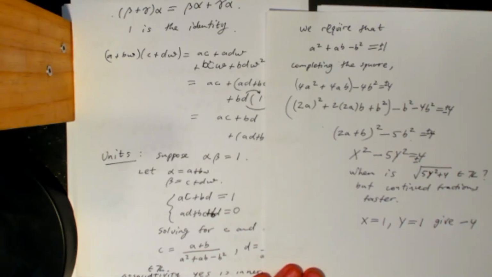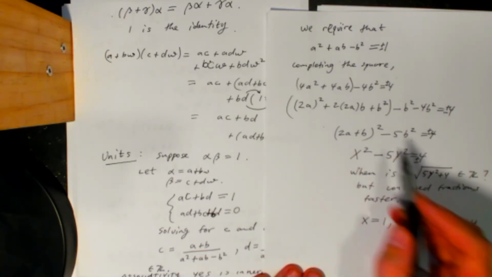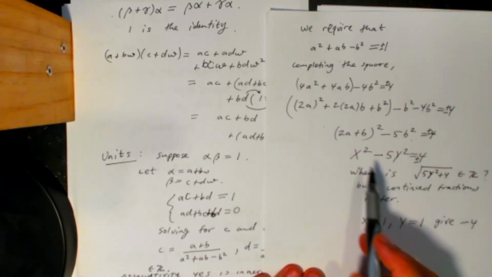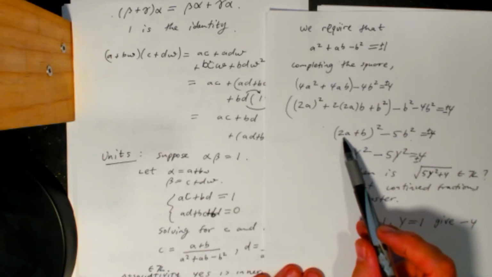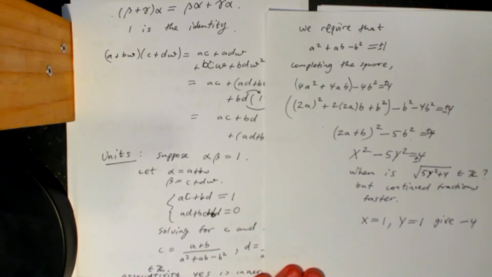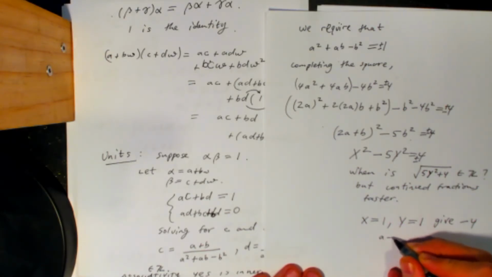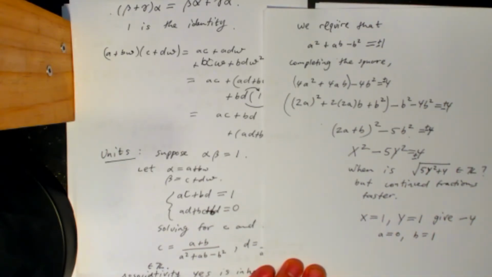Okay, so translating that back to this term, y is the b. So b is equal to 1. So 2a plus 1 is equal to 1. So that says that a is equal to 0. So a equals 0 and b equals 1 give us what we're looking for here.